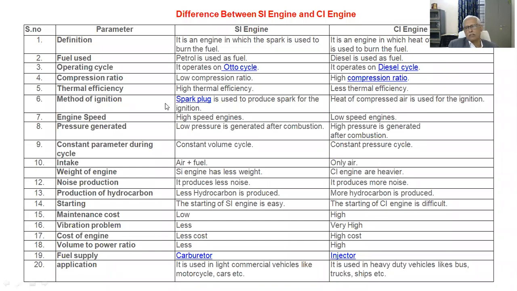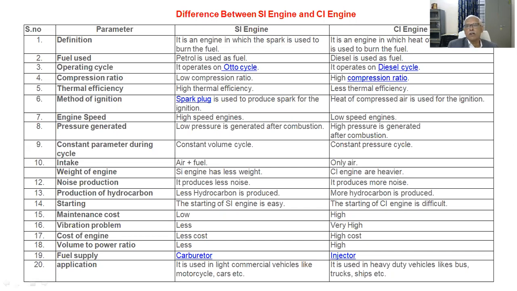Then the method of ignition. In the case of the SI engine, you need to have a spark plug. An electric spark is given inside the cylinder, where the thoroughly mixed air-fuel mixture is compressed, and because of that spark, the mixture ignites, starts burning, and hence the explosion.